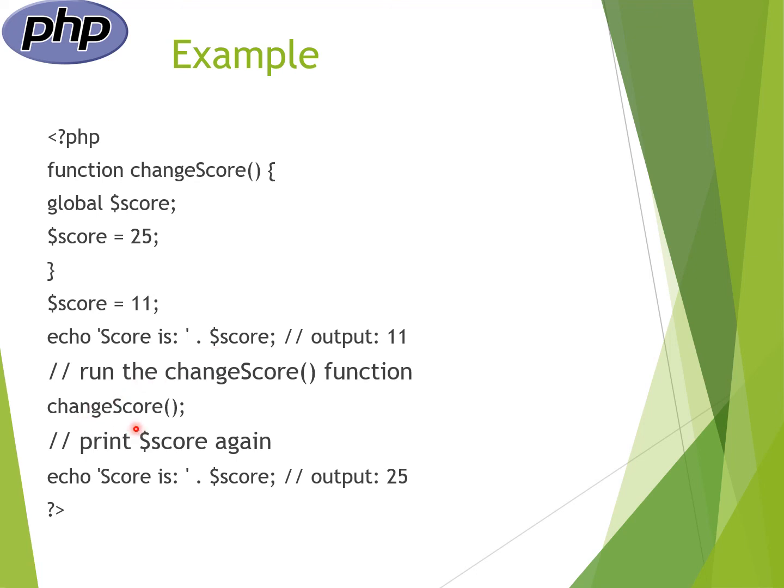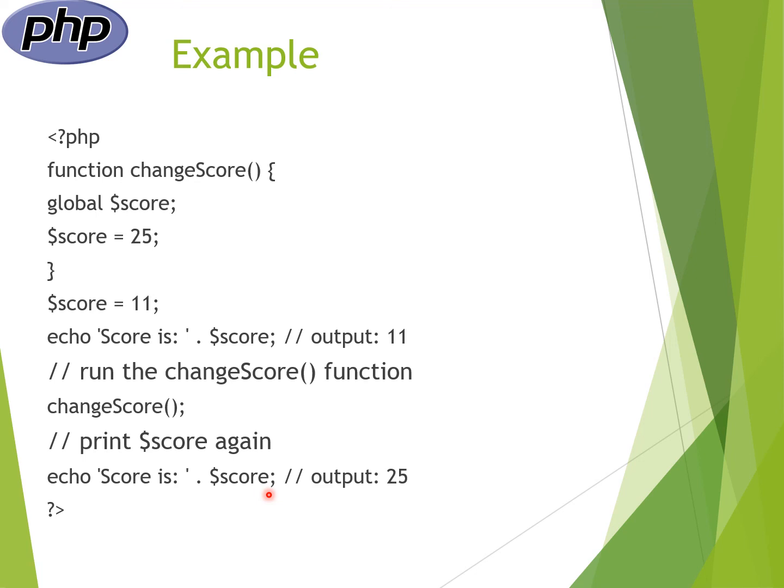Then the changeScore function is called. Inside the changeScore function, a global variable score is declared with value 25. Then echo "Score is $score". Here the value of the global score will be considered and it will print 25.